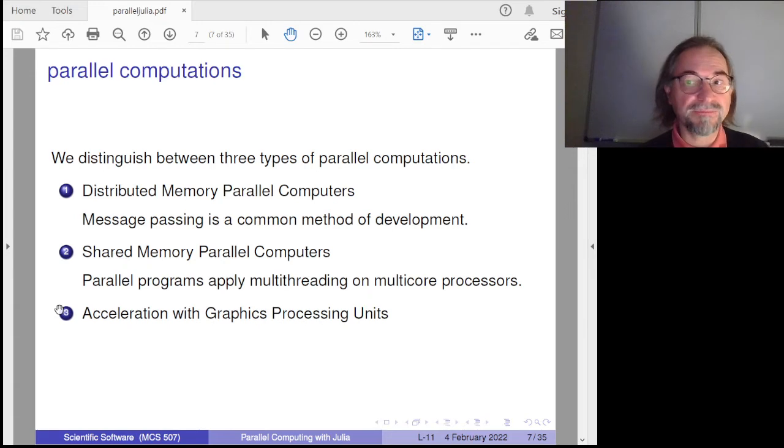Although the best way of doing parallel computing is to call libraries that are optimized and libraries that work with the hardware that is there to make it go faster.